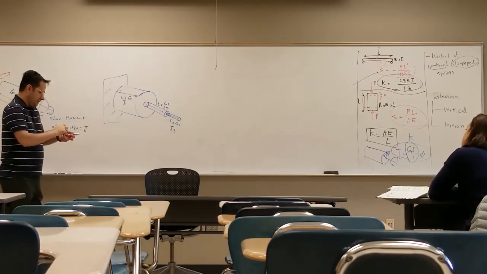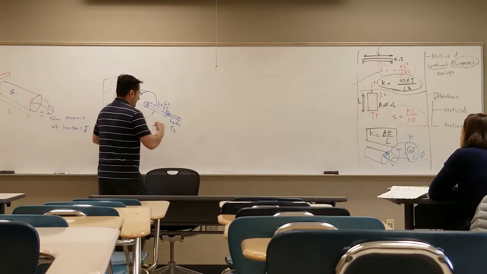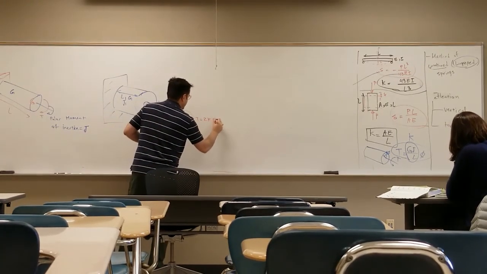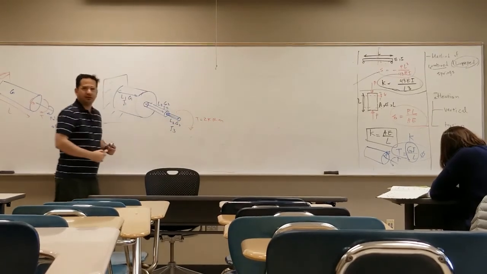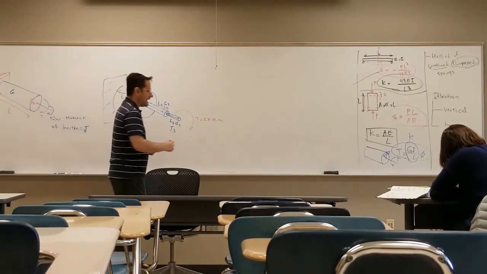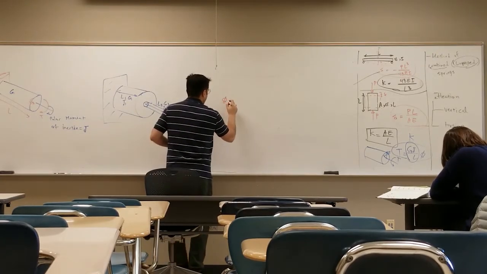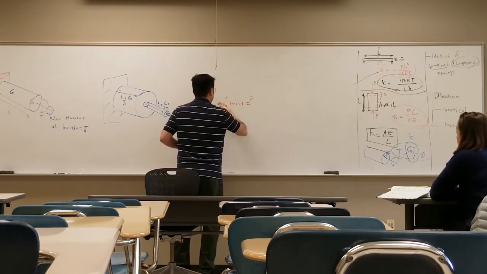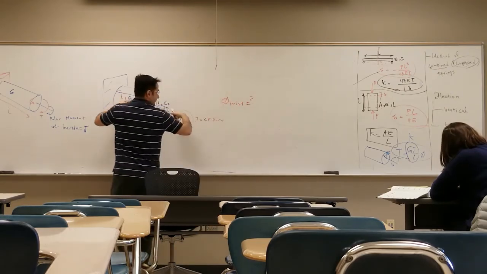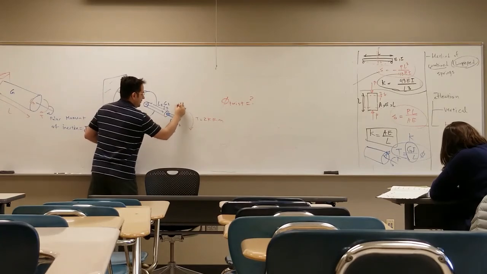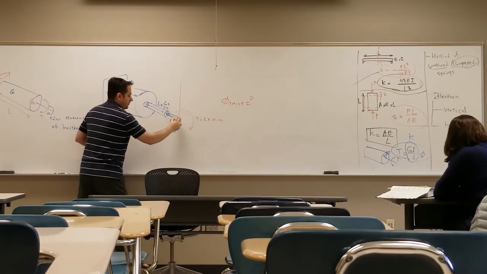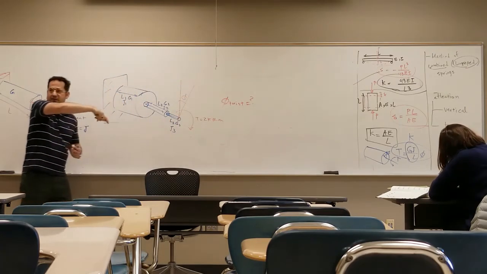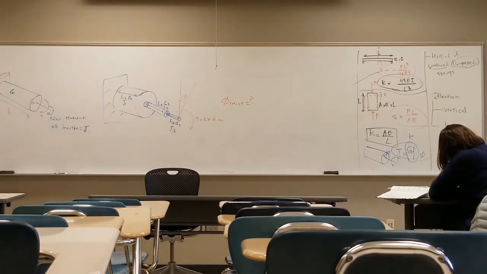Now, let's say we apply the torque T equal to 2 kilonewton meter at this end. Then find the angle of deflection, the angle of twist. So at this end, when you apply the torque, let's say this is the original line, this line is going to rotate. Find that.